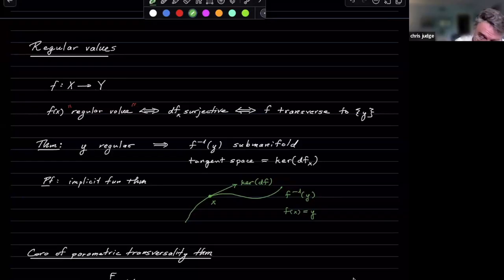That means I look at each X that's in F inverse of F of X. So F of X is one particular value, but there are many other things that give that same value, and that's this level set. So for each thing in the level set corresponding to that value, I want the differential to be surjective. But if you check what the definition of transversal means, that means F is transverse to the point Y, where Y is equal to F of X.